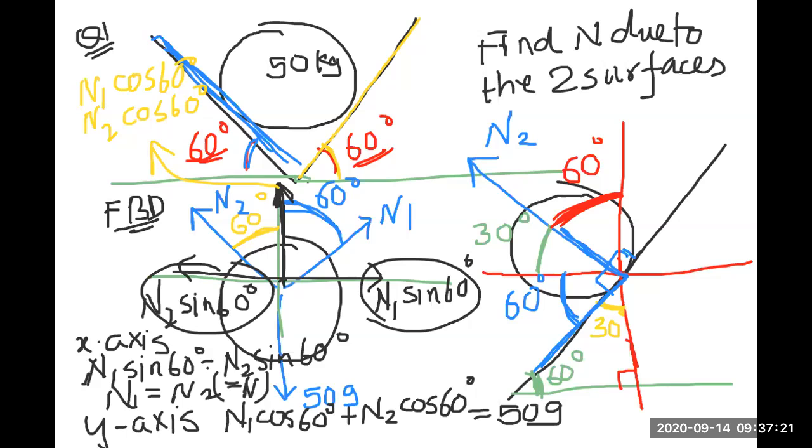And if this is the case, then we get 2N cosine 60 degrees is equal to 50 G, right? And we know that cosine 60 degrees is equal to half, right?